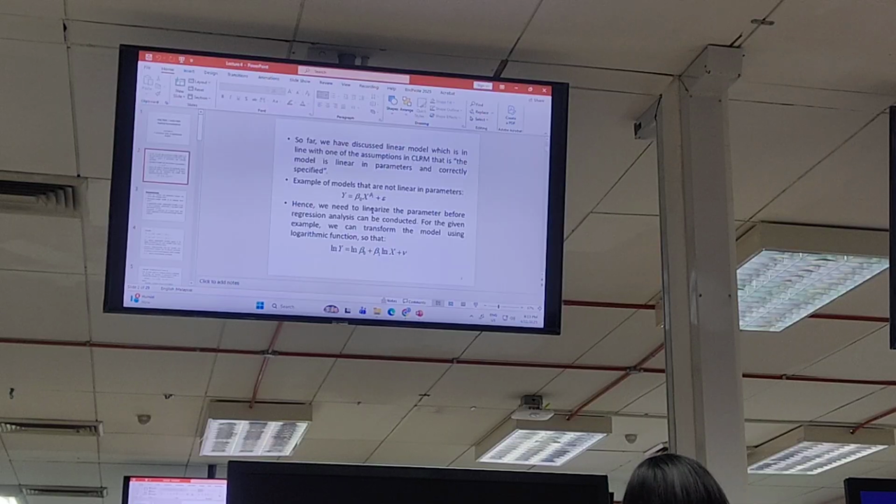But for the given example, the relationship between y and x is not linear. But after you make it linear, now you have a linear relationship between log y and log x.